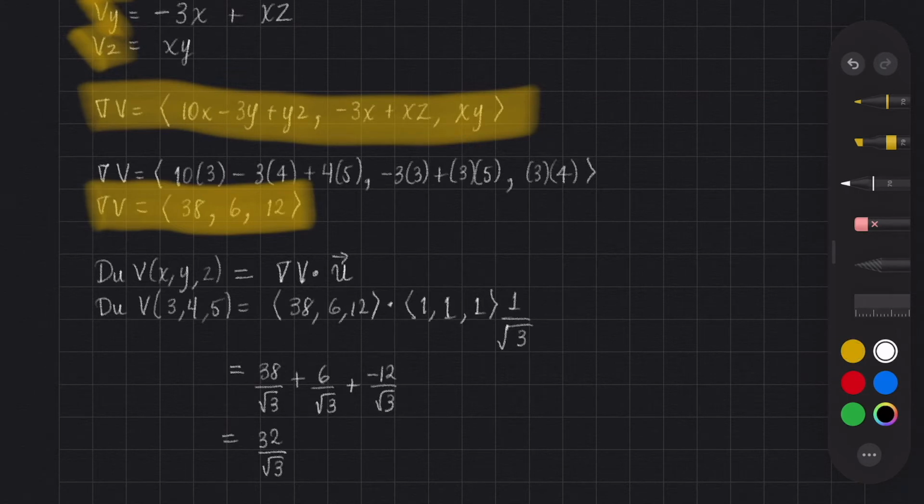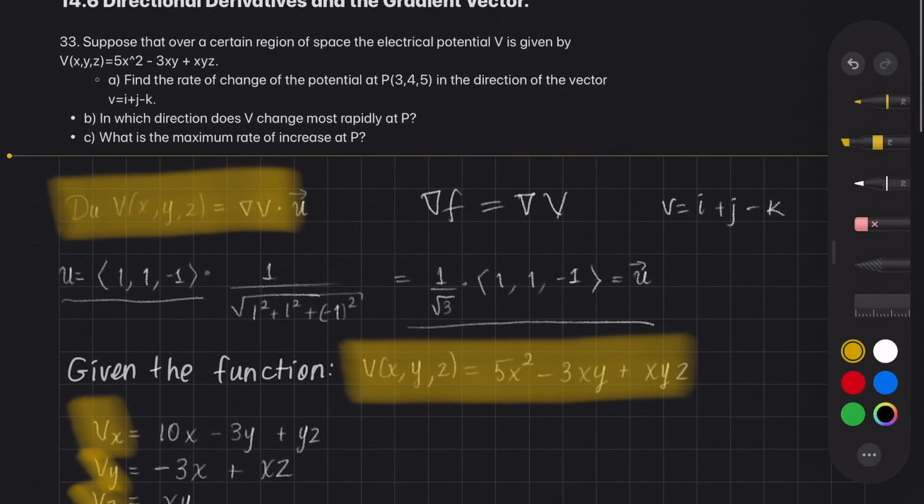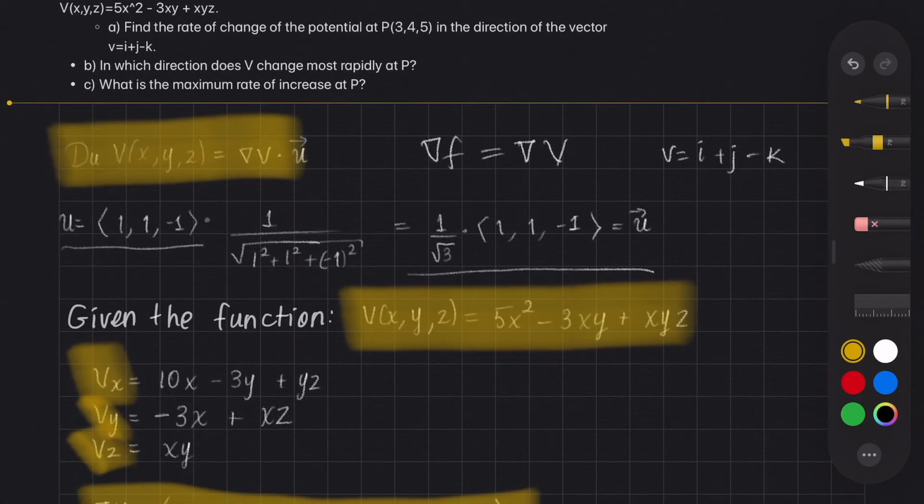Once we have the gradient vector evaluated at the given point, we want to take the dot product of the gradient vector and the unit vector, which we calculated at the beginning of the problem, this unit vector right here.